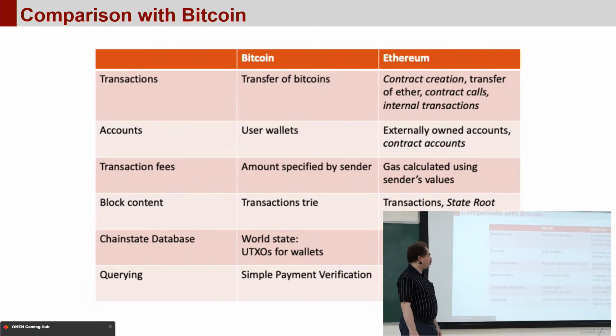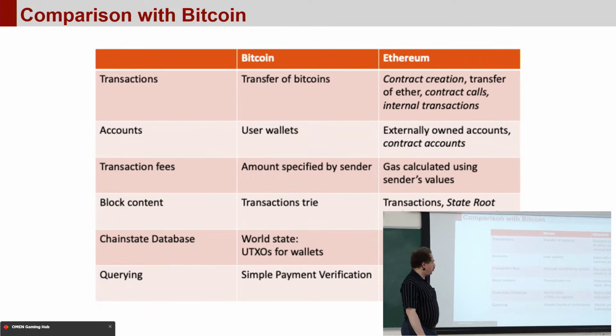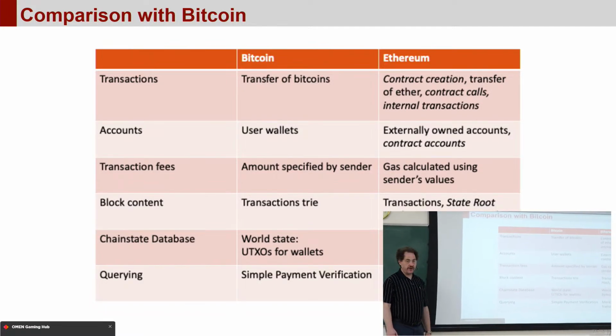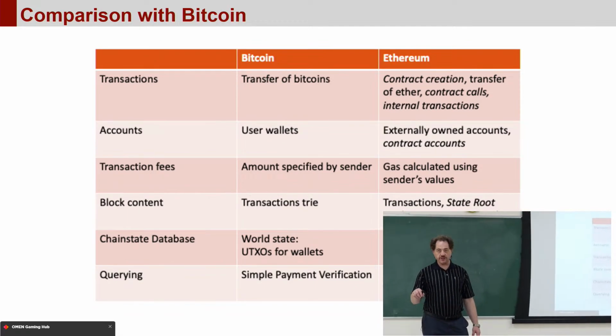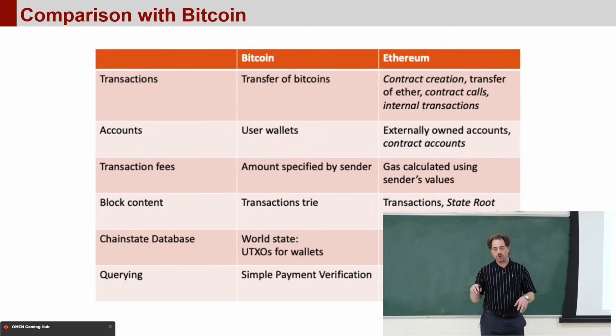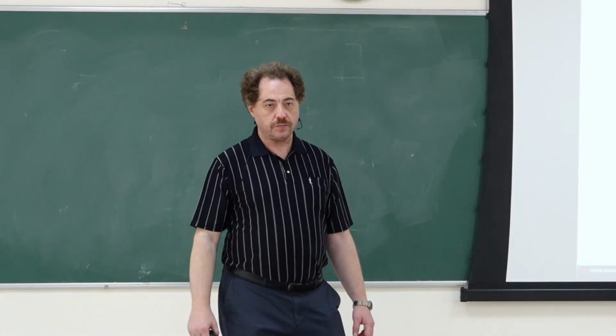We have internal transactions. We have specialized transactions for contract calls and so on. Regarding accounts, there are no accounts in Bitcoin. There are additionally wallets which are external to Bitcoin itself, but which are used in conjunction with Bitcoin.